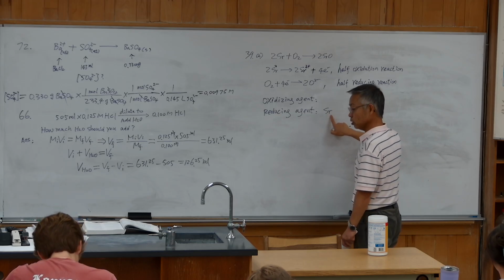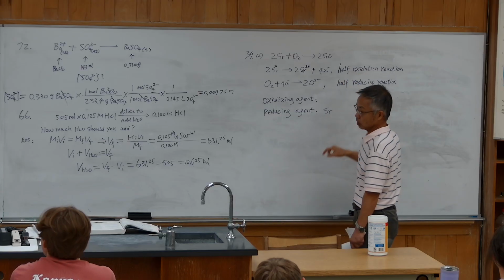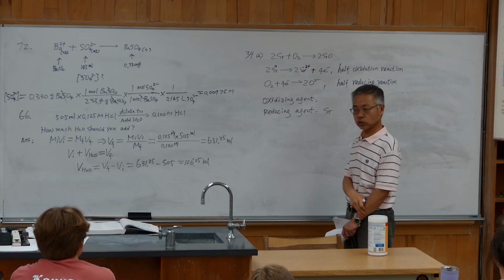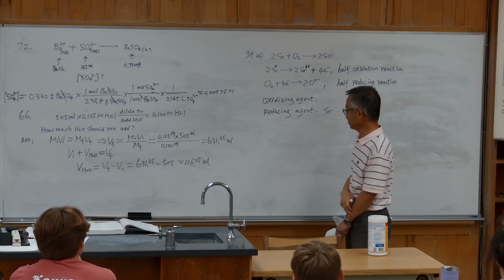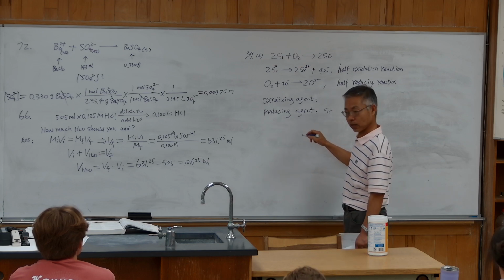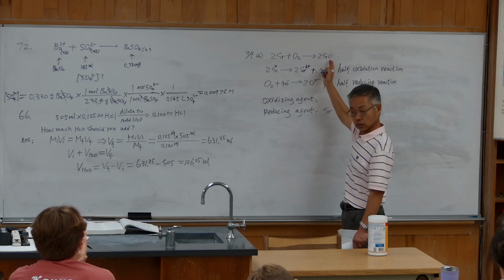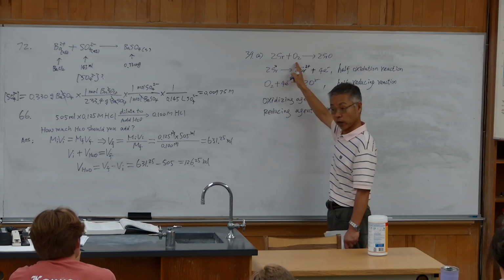So strontium loses electrons and is oxidized. That's why this is the oxidation reaction. And the oxidizing agent is reduced. It is the opposite. Here it is a nonmetal. Don't consider the product. The reducing agent or oxidizing agent is always a reactant.